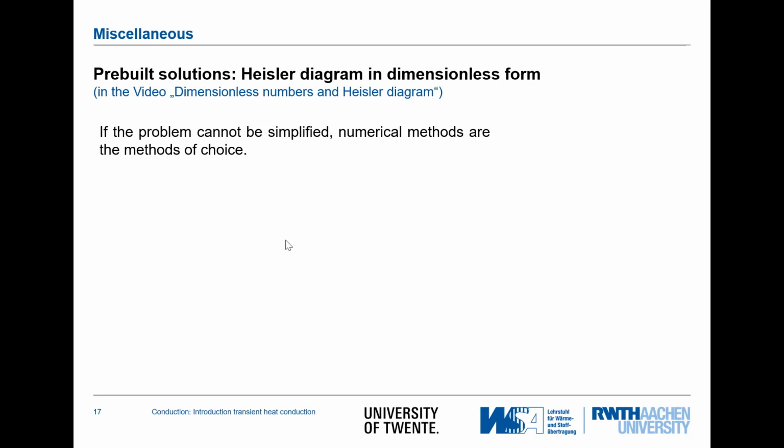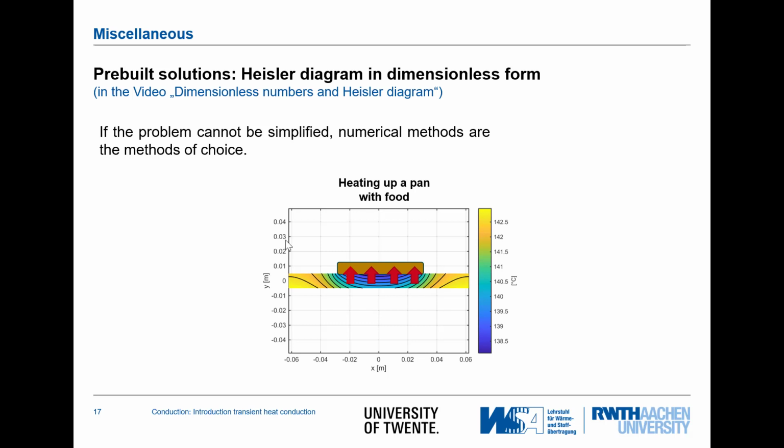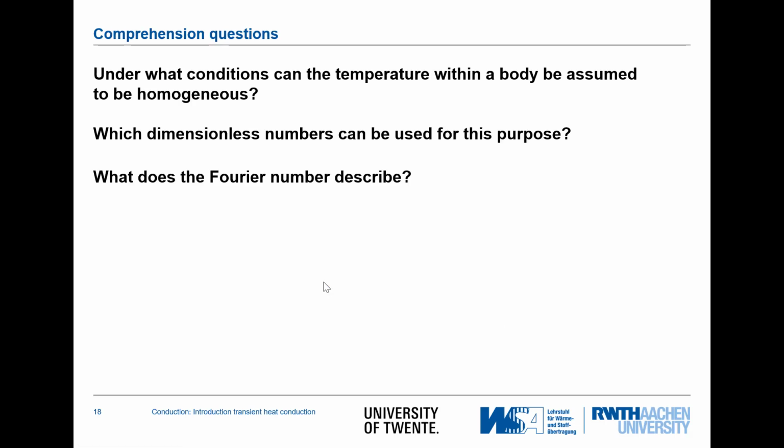And if this is not possible, of course, other tools can be used, like for instance numerical simulations. If we look here, for instance, at a plate that is heating up a pancake or a food, we have a complex temperature distribution inside this plate. With that, I'm at the end of my presentation here.